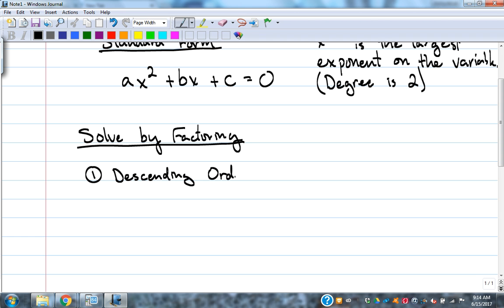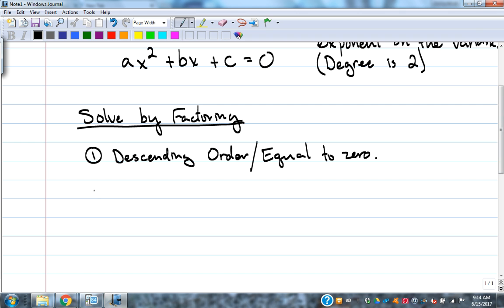And because we're solving, we also want it equal to 0. If we don't have it equal to 0, we can't factor it yet. So we want it in descending order and also equal to 0. That's the only addition to the rules of factoring for solving.